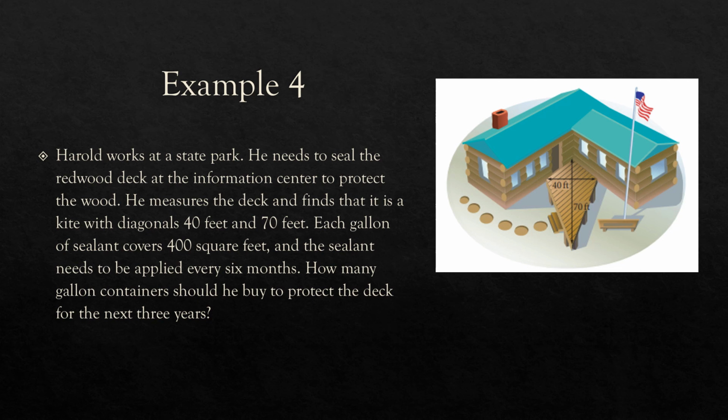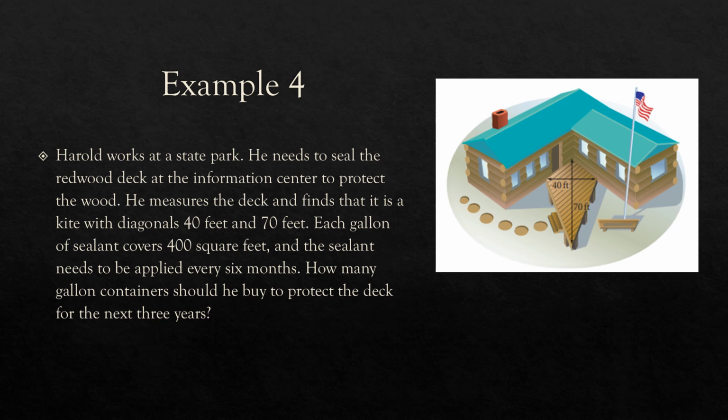Our last example today, this is the information center at a state park. And Harold works here and he needs to seal the deck at the information center. He measures the deck and finds that it looks like a kite with diagonals of 40 feet and 70 feet.